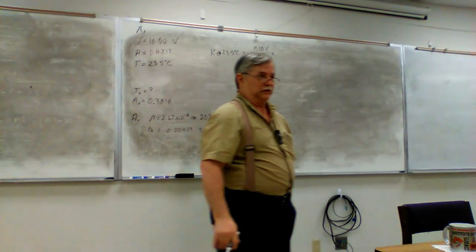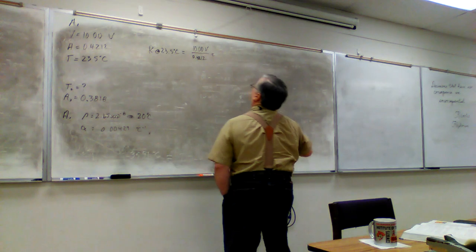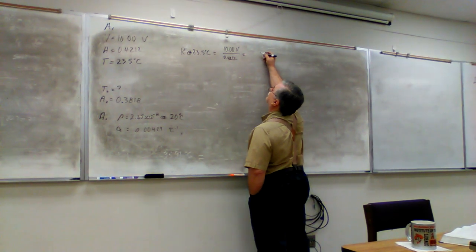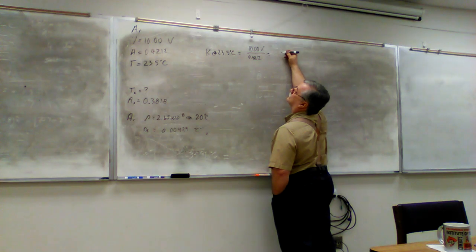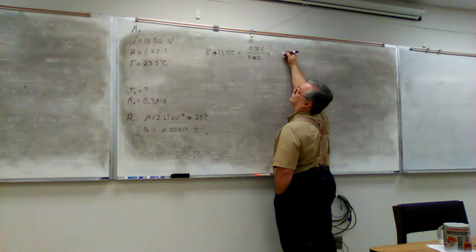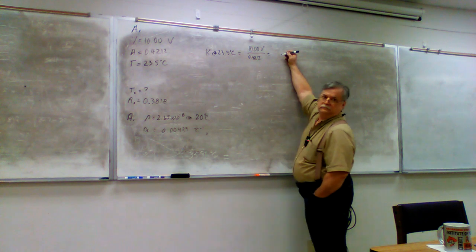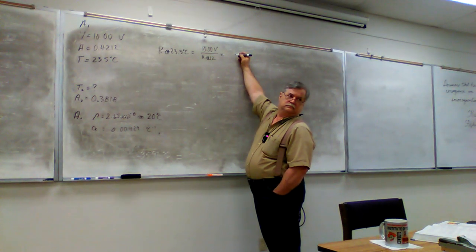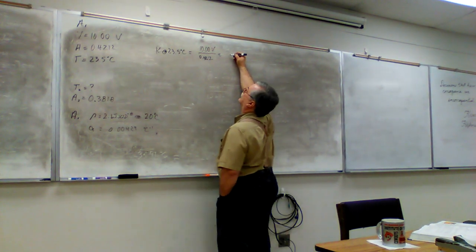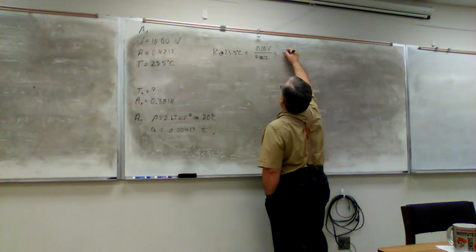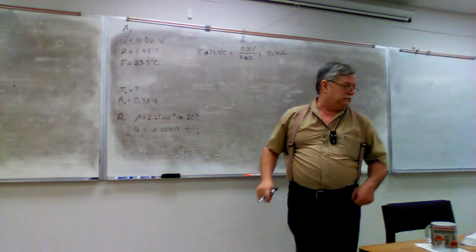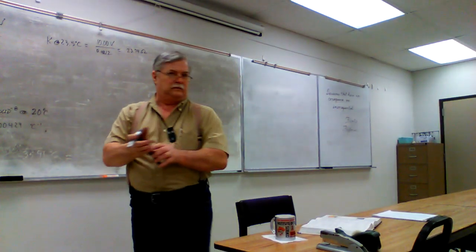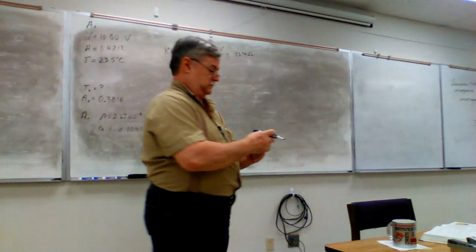To 4 significant digits, what is our resistance? 23.74 ohms. Is that what everyone else gets? Okay.